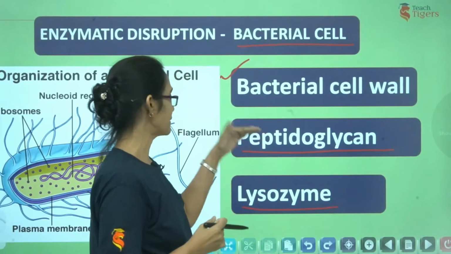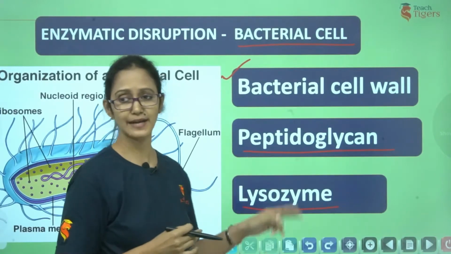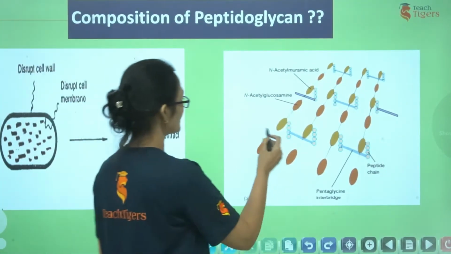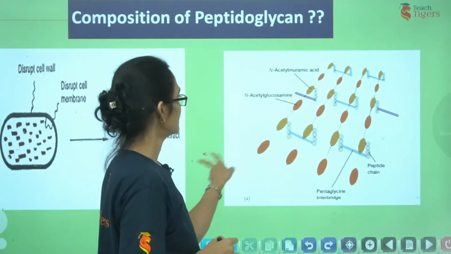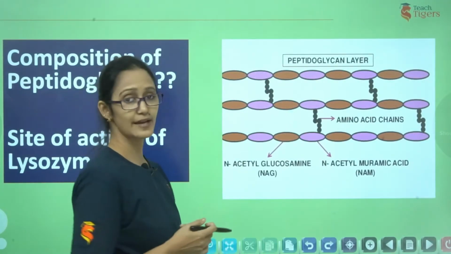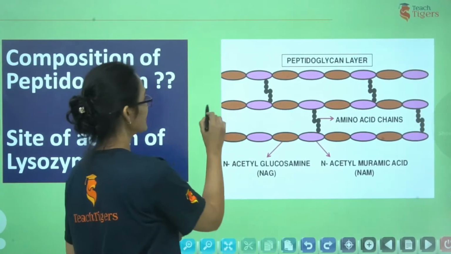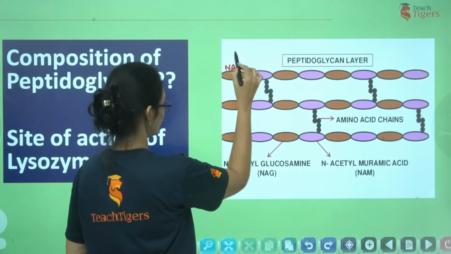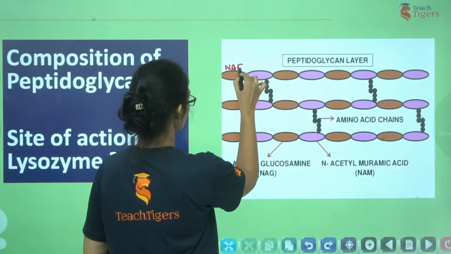In order to break the peptidoglycan, you have to use the enzyme lysozyme. Now let us see how. What is the basic structure and composition of a peptidoglycan layer? The peptidoglycan layer is essentially made up of repeated units of NAG and NAM. What are NAG and NAM?